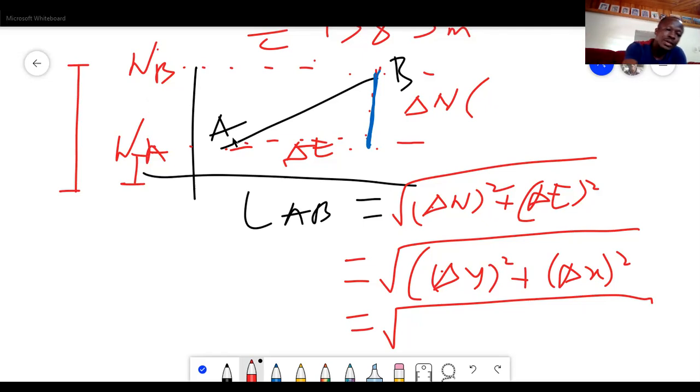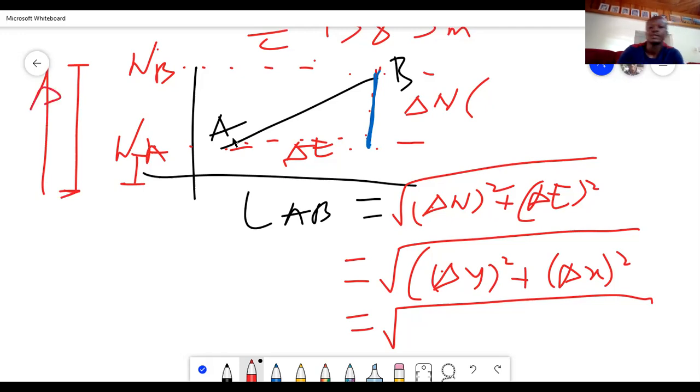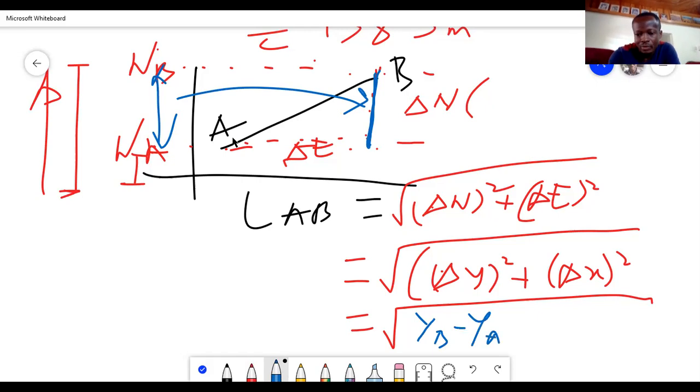So we're cutting this part, NA, from the bigger chunk, which is actually MB, from here to here. Then we get the remainder, which is from here to here, the one we are looking for. So we can say LAB equals YB minus YA, squared, plus XB minus XA, squared.